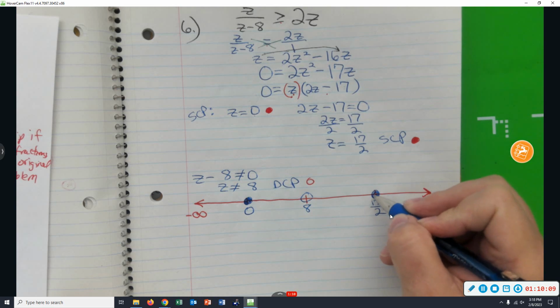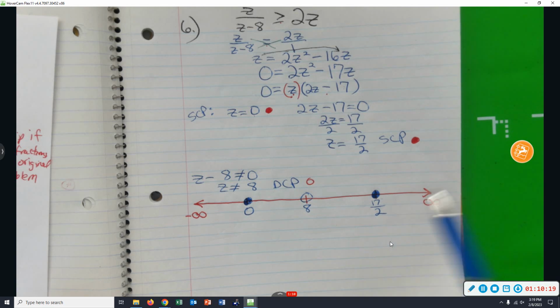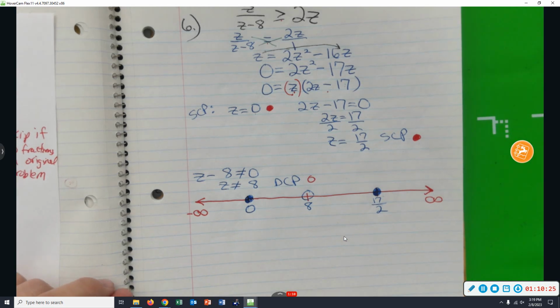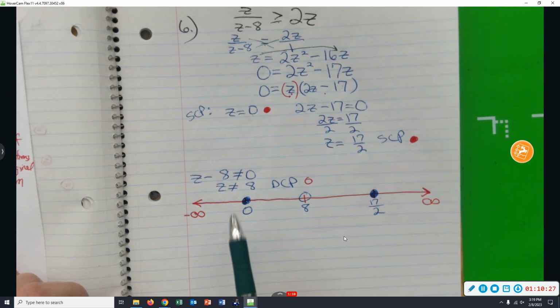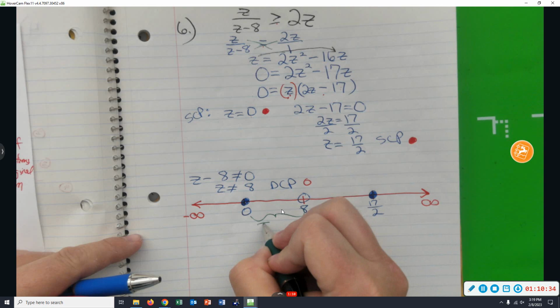Here, what's my favorite number to test? 0. Can I test 0? I can't test a cut point. I have to use a number that's in the intervals. 1. Okay, you see, that's what I said earlier. If I can't use 0, I'm going to use 1. Where is 1? Is 1 at interval 1, 2, 3, or 4? 2, okay, right here. I'm going to test 1.